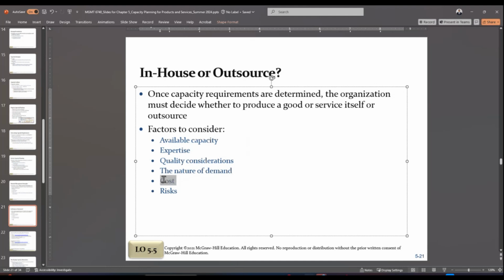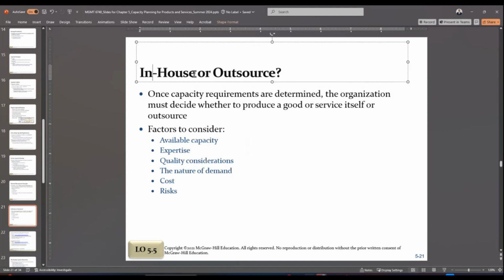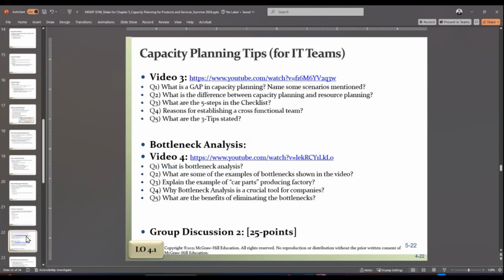Costing: definitely keep money in mind, and check for risk, such as the risk of losing a customer. So you have to do the value engineering and cost-benefit analysis. These are the things to keep in mind, whether you make things in-house, increase capacity in-house, or do a temporary outsourcing before you make a big decision to increase capacity.